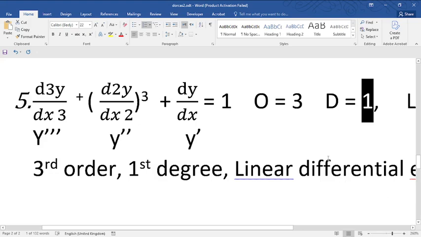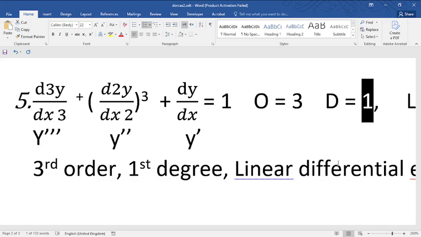That is that about linear and non-linear differential equations. I think now we have covered what the order of a differential equation means, and also the degree of a differential equation, and also linear and non-linear differential equations.